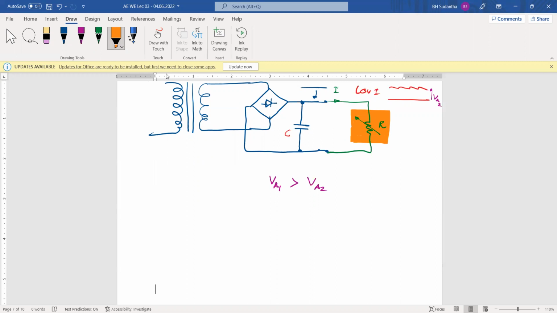But now you can see the load is sometimes requesting much more current, then voltage will be dropped. Then the load is sometimes taking less current, then voltage will be increased. Then that regulation is not there. Because of that, we need a voltage regulator.